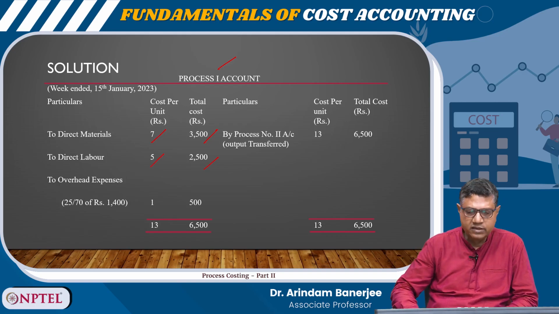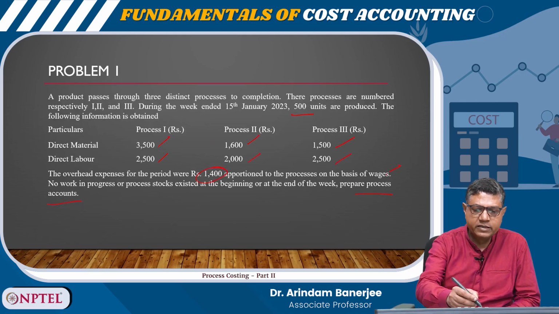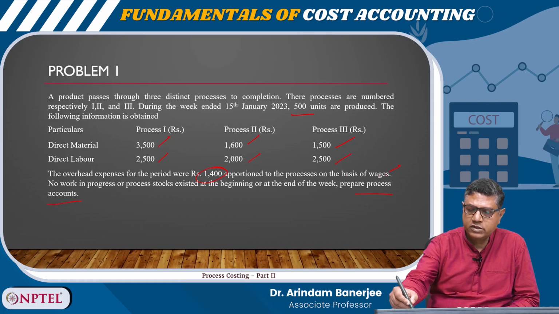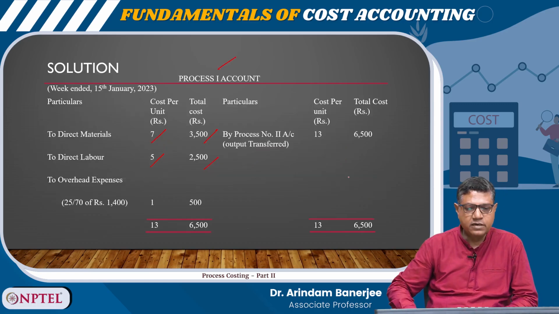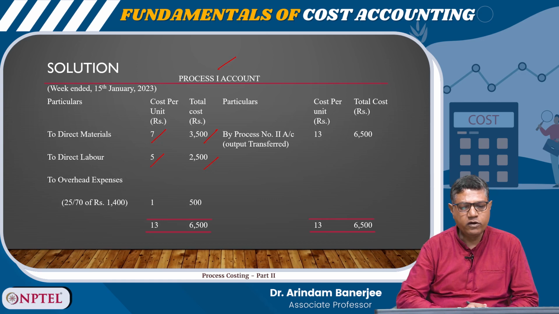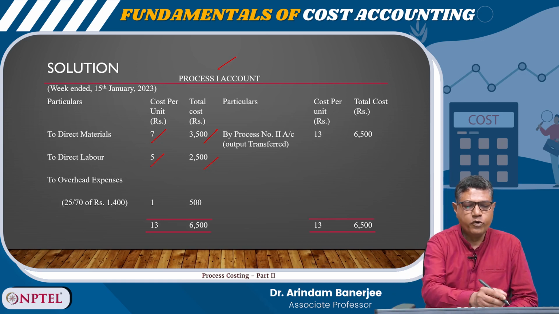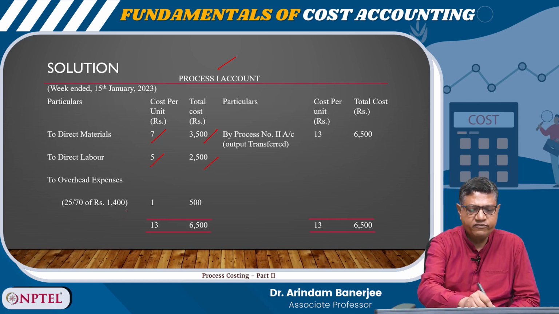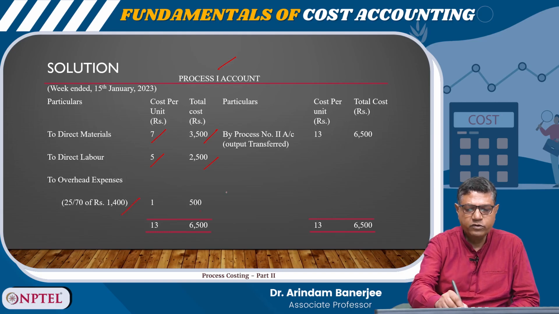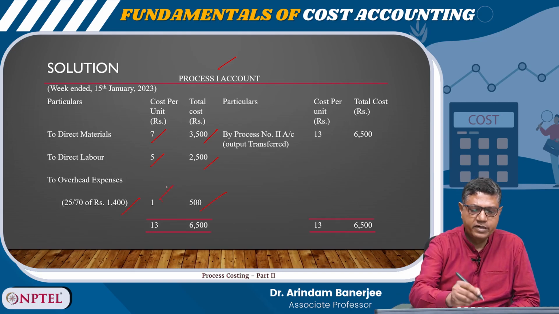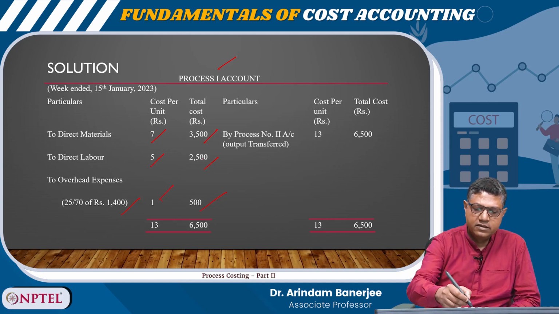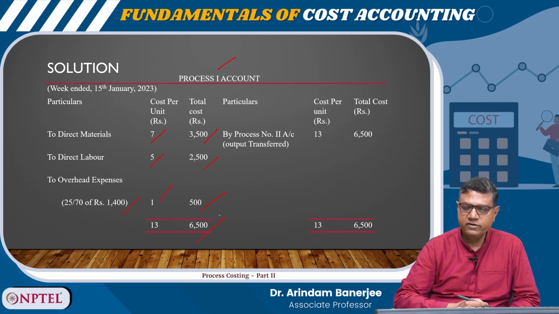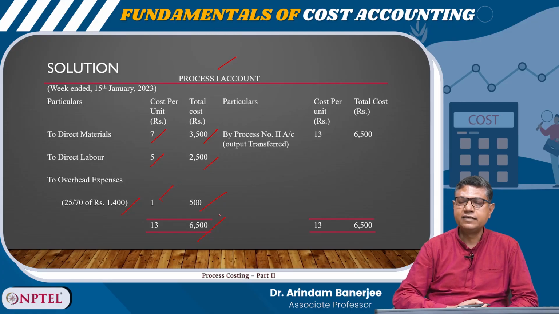It is given in the question that the overhead expenses of 1400 total are apportioned on the basis of wages. So, 25 by 70 of 1400 is coming to 500, so per unit is 1. If you add this, it is coming to 6500.